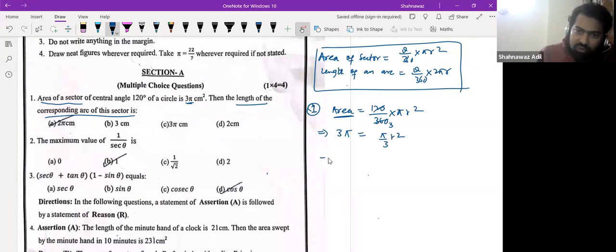So then what do I need to do? What is the next step? Can we cancel 3? The 3 goes to the left hand side and will be multiplied.